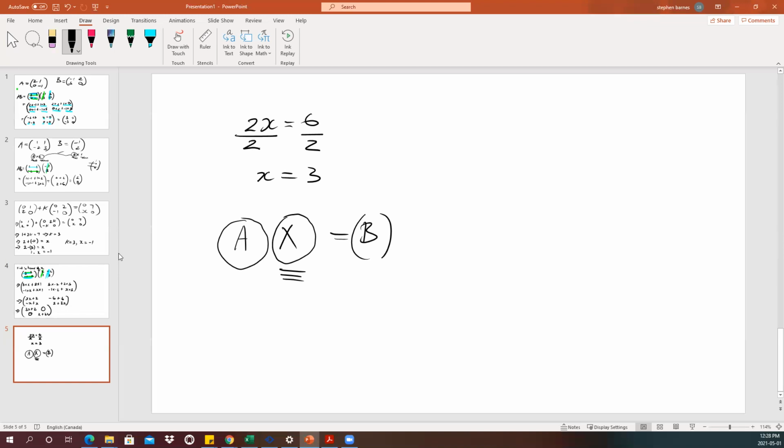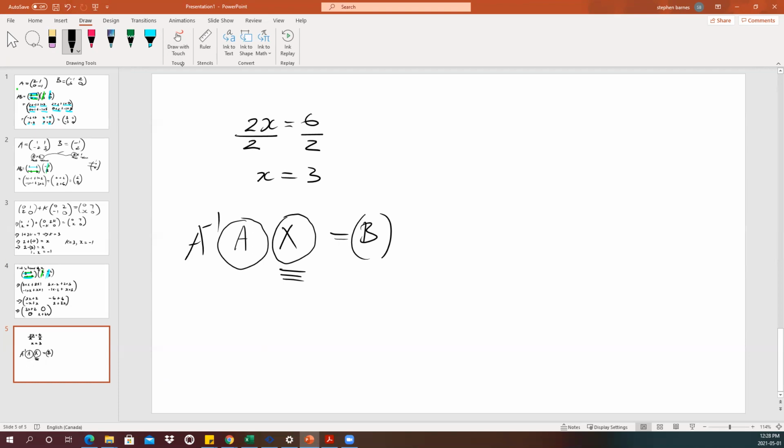In the example above we would just divide both sides by A, and this cancels and we find what x is. It's a similar thing, but you're not dividing like this. This is not how you get rid of the A. You get rid of the A by applying the inverse.